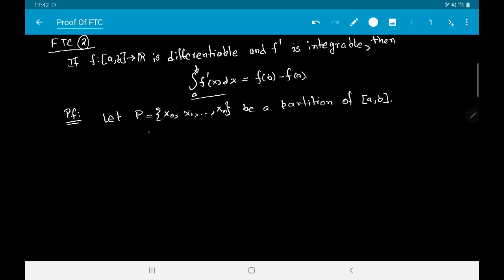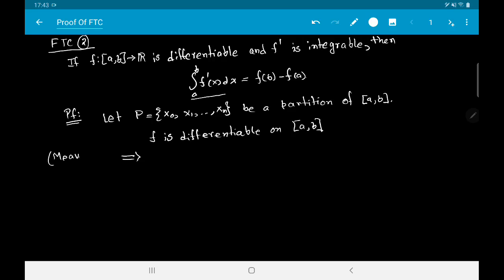So what are we given? We are given that f is differentiable on the closed interval [a, b], so we can apply our mean value theorem.